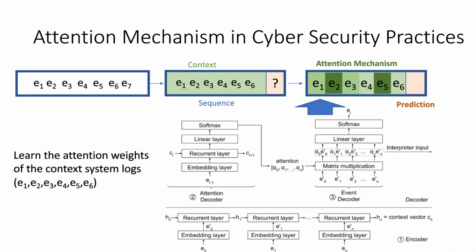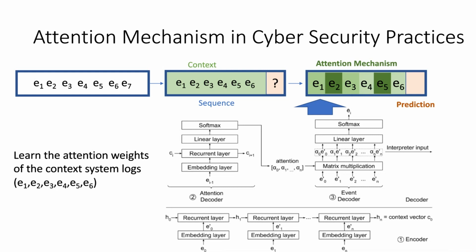So you don't need to treat each log equally in your prediction of future logs. I just put different attention parameters on E1, E2, E3, up to E6.